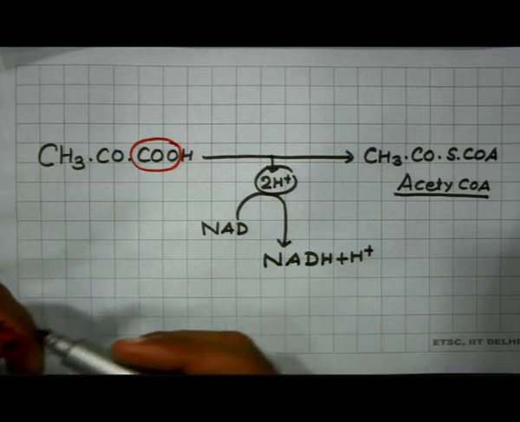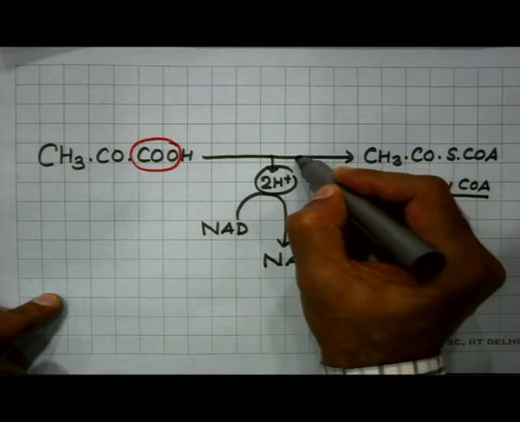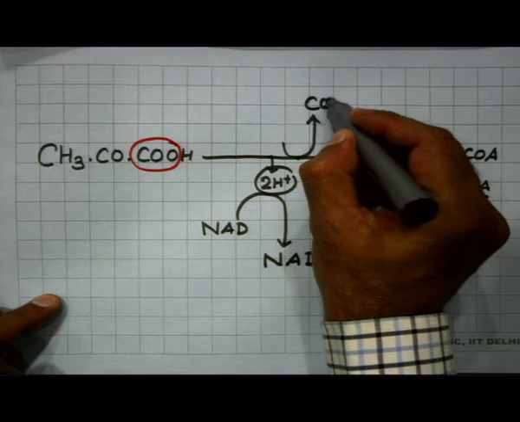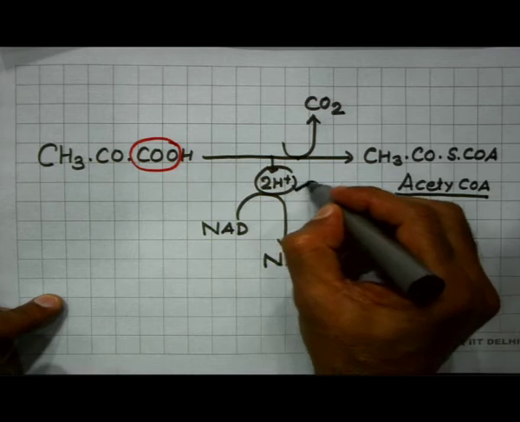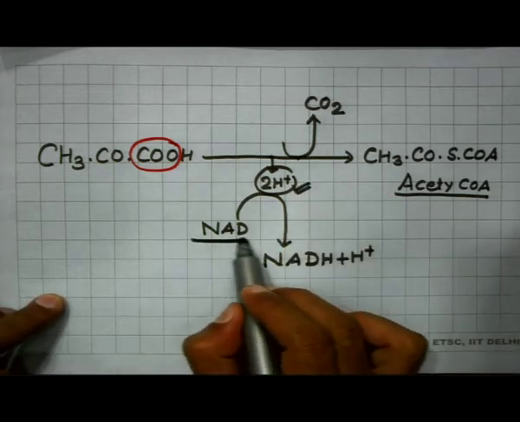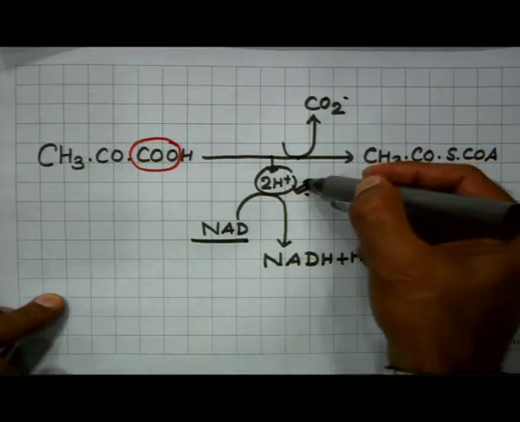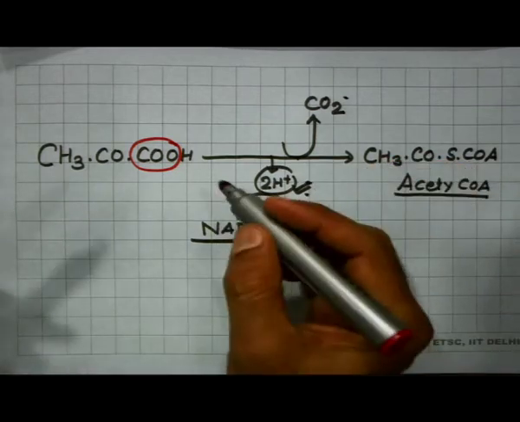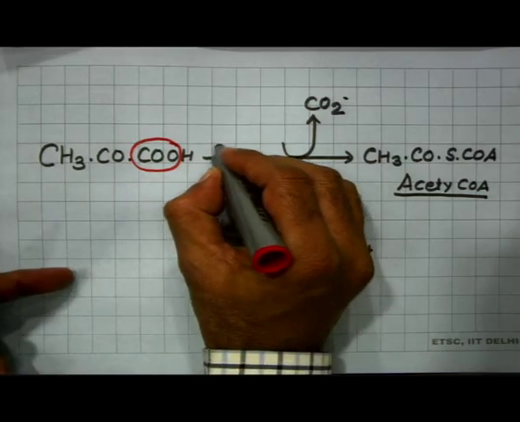So two reactions are going on here. First, removal of carbon dioxide, so this process is called decarboxylation. Second, removal of protons, that is hydrogen, which is accepted by NAD, so this process is called reduction. So decarboxylation and reduction take place. The enzyme used for this is called the pyruvate dehydrogenase complex.